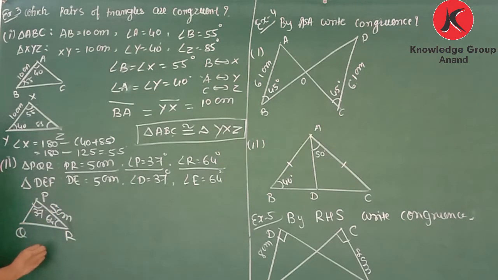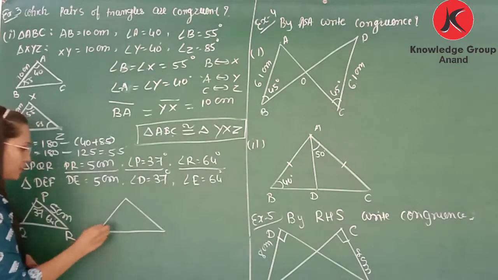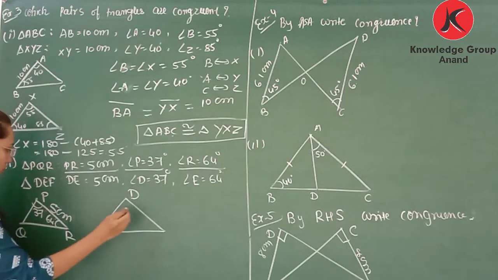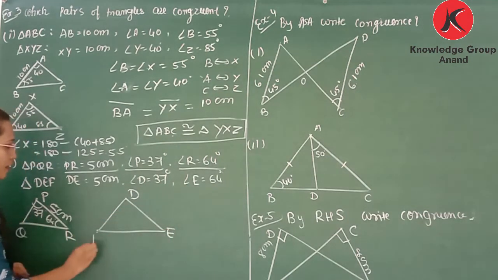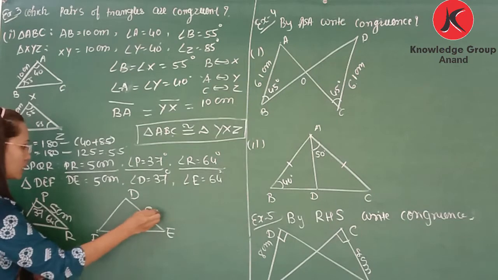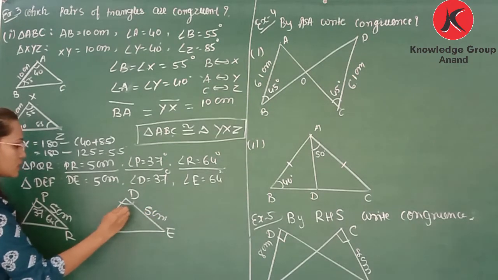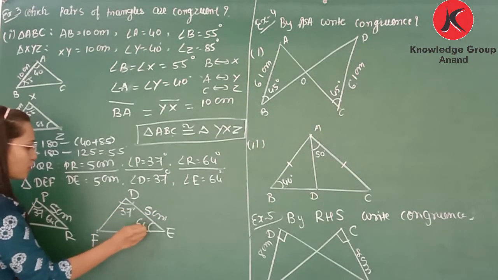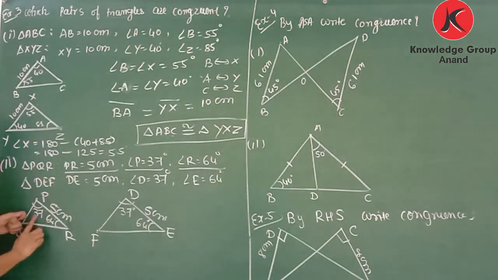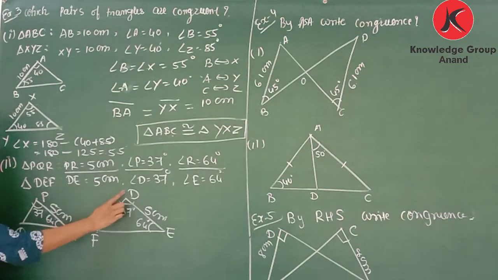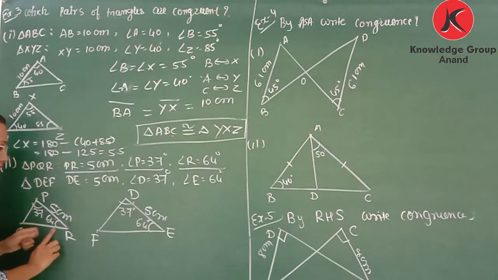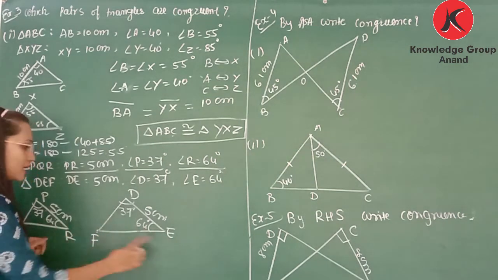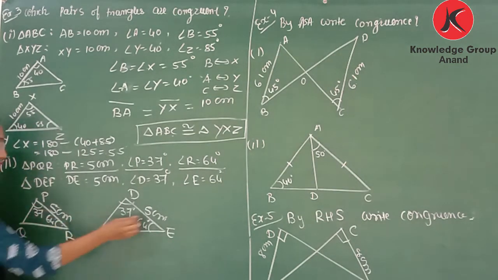Now for DEF, we have D, E, F. So here DE is 5 cm, angle D is 37 degrees and this one is 64 degrees. So P corresponds to D, R is 64 and E is 64, meaning R corresponds to E, and the included side is also given.